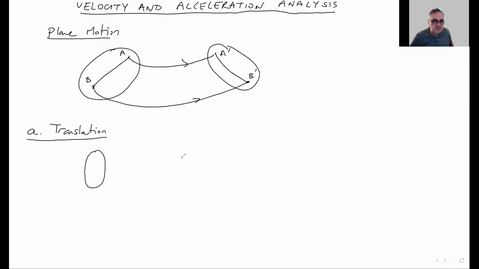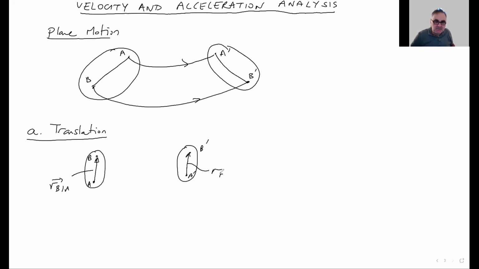So, for example, if you have an object like this one, and if you have a vector here, this is A, and this is B, this vector, we will call it RB relative to A. Okay. Position of B with respect to A. Here you have A prime. Here you have B prime.